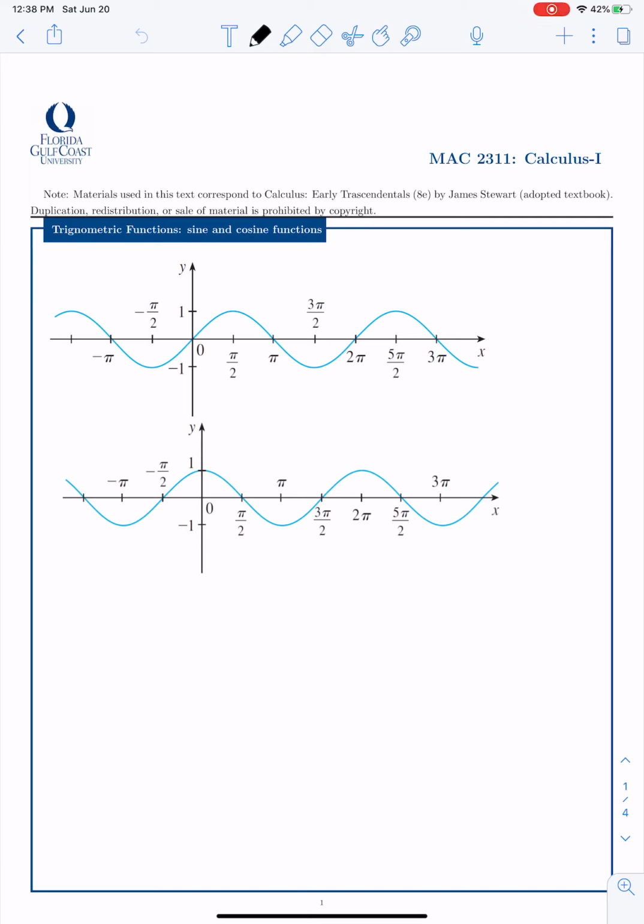Trigonometric functions. If we have to identify or understand trigonometric functions, the first thing that we have to understand would be the coordinate system. We all know the real number line, the xy axis.